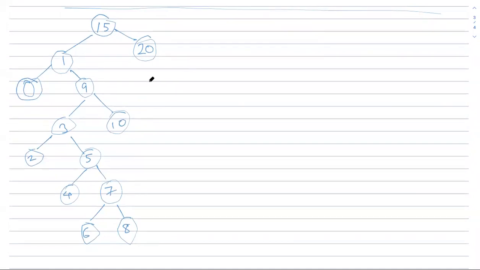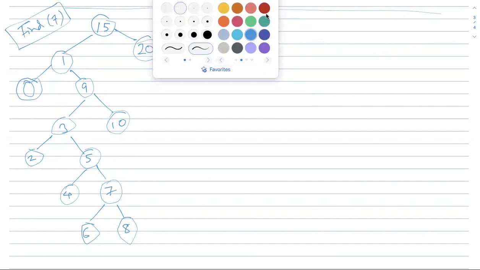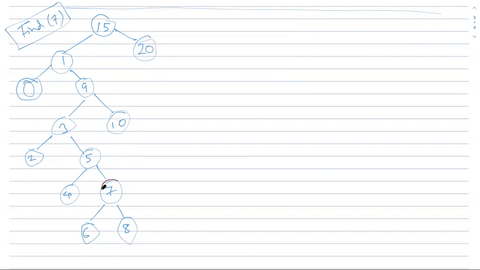And suppose you looked for 7 in this case. So you were doing find 7, or find the key 7. And indeed you looked for it and you found it. So you found this node. After you found this node, then what are you going to do?